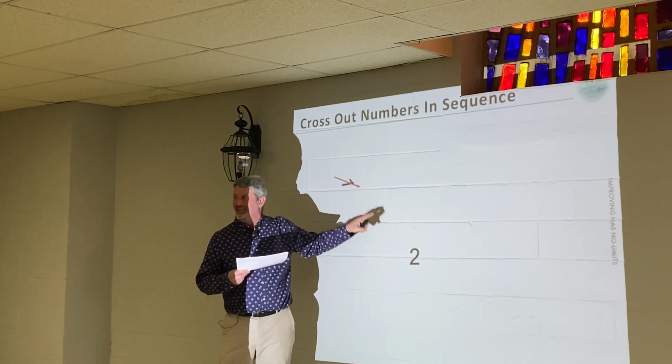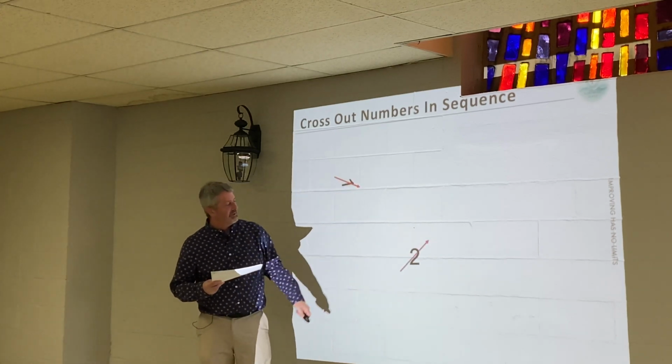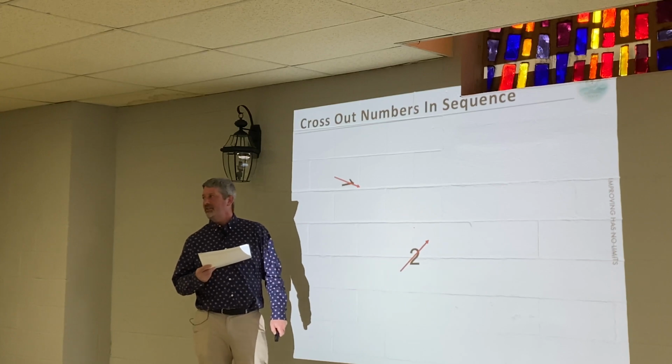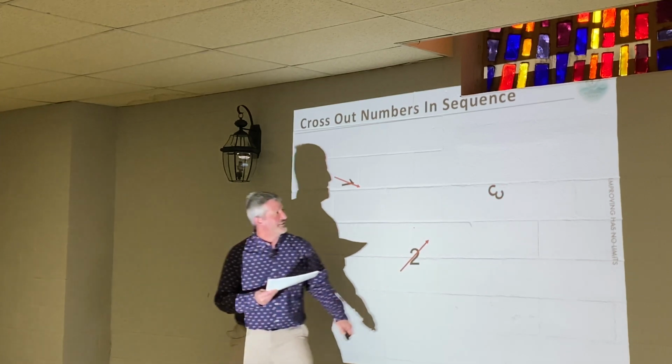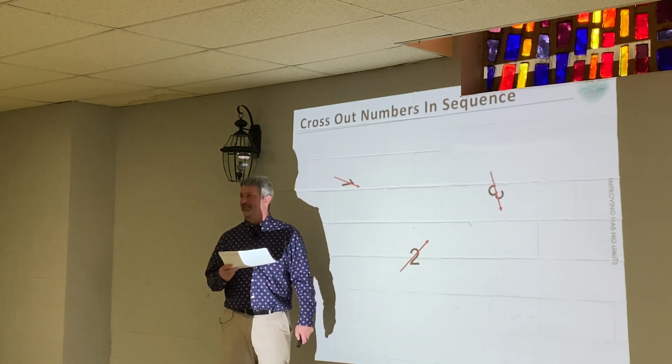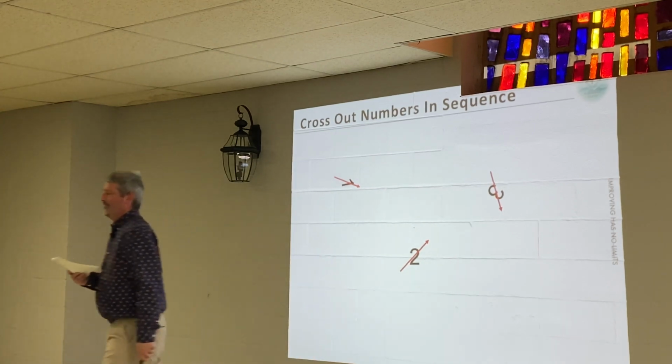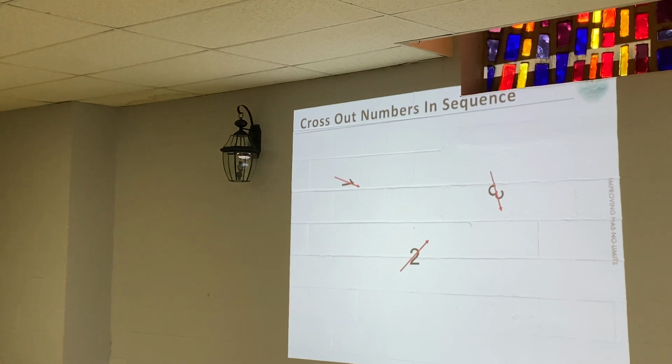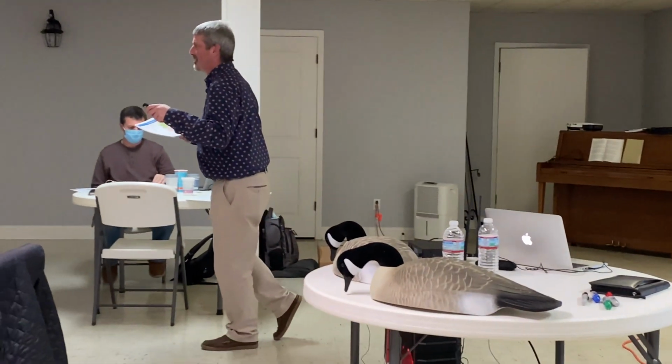You got to find 1. Then you got to find 2. 2 will be like that. What comes next? 3. Good group. So the arrow goes like that. All right? So, key points, the arrow direction, and you go in order 1, 2, 3. And no rotating your paper.